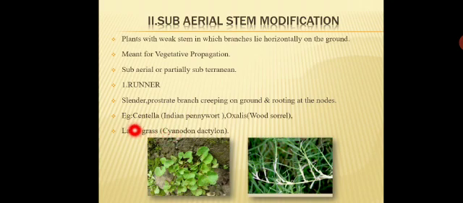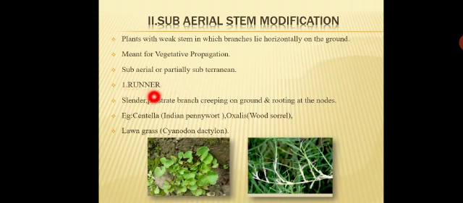For example, Centella asiatica, which is vallaraikkirai, Indian pennywort, or Oxalis, wood sorrel, or lawn grass, that is Arugambul, Cynodon dactylon. Here there is a grass where the rooting arises from the nodal region. These are the main characters of the runners.